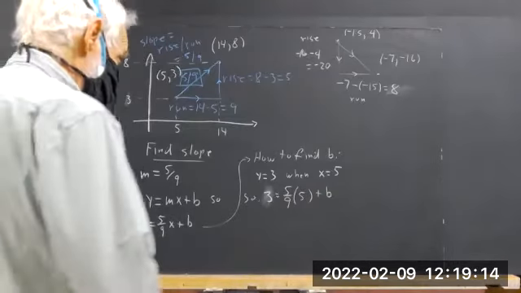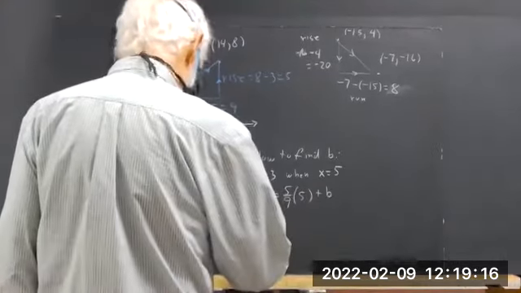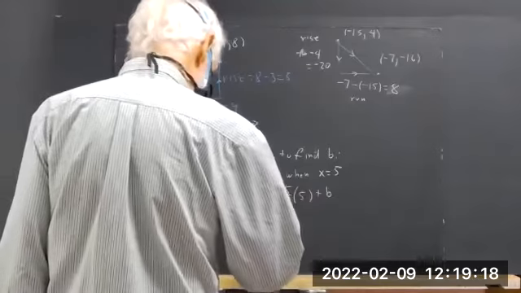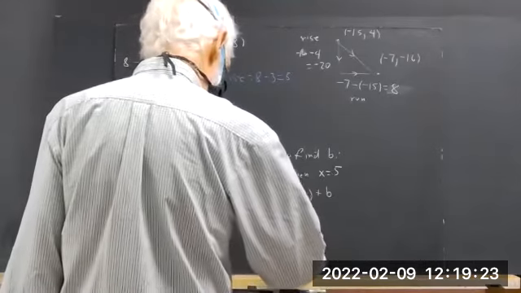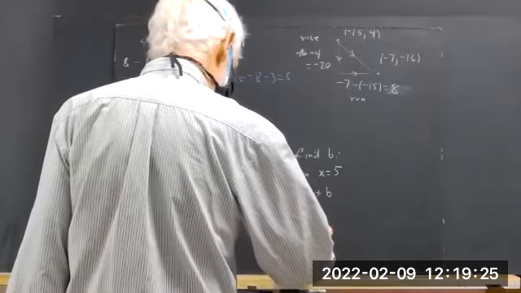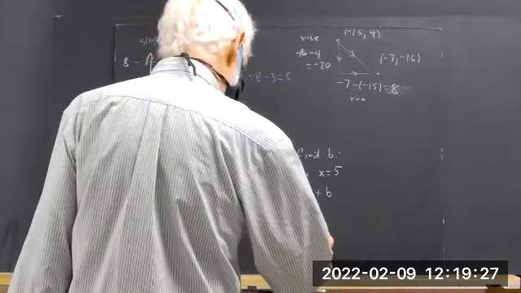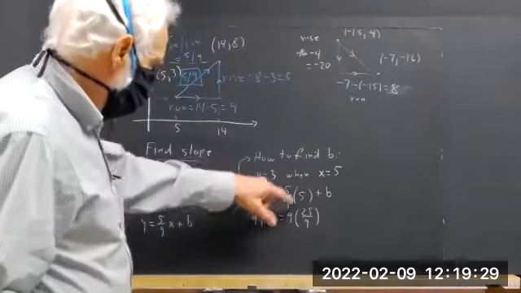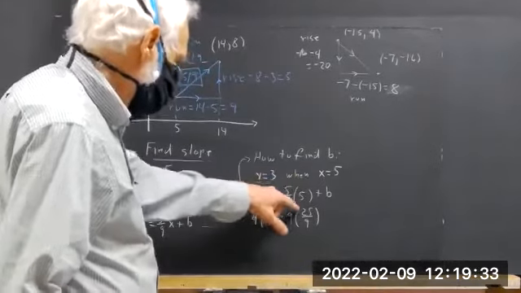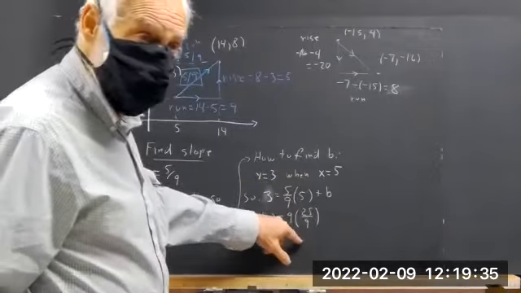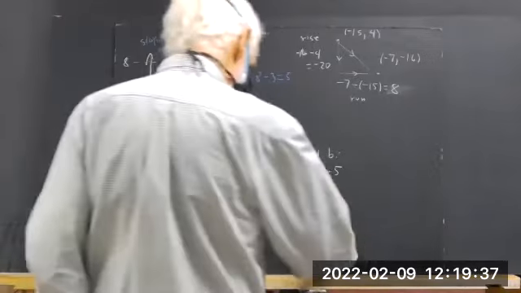Now I'm going to run through that solution, make sure you understand. We're officially out of time, so I'm just going to write this down. I'm skipping stuff here: 5/9 times 5 is 5 times 5 over 9 times 1, which is 25 over 9. That shouldn't give you too much trouble.